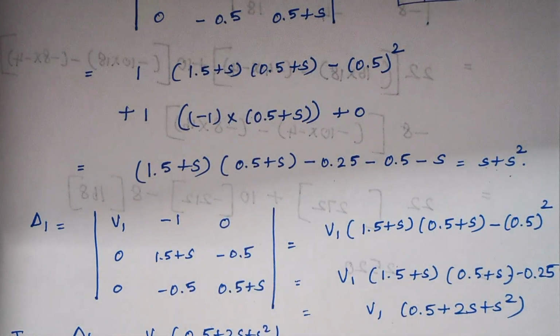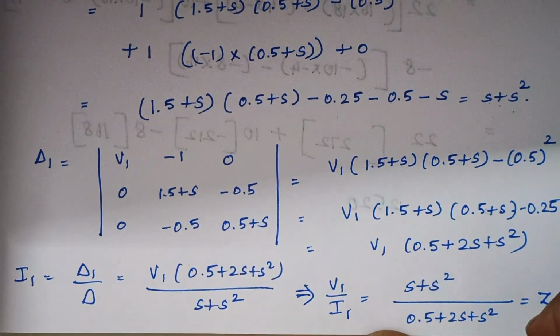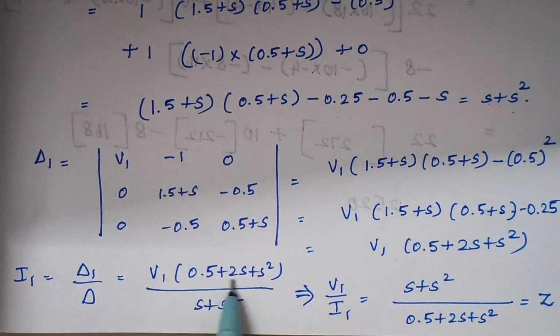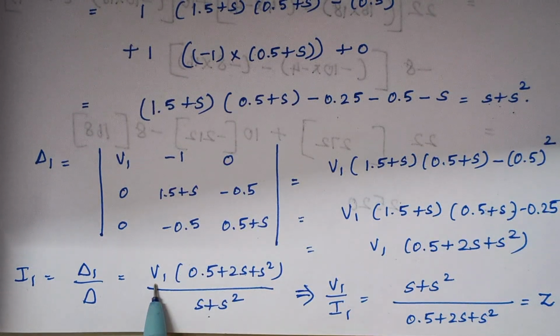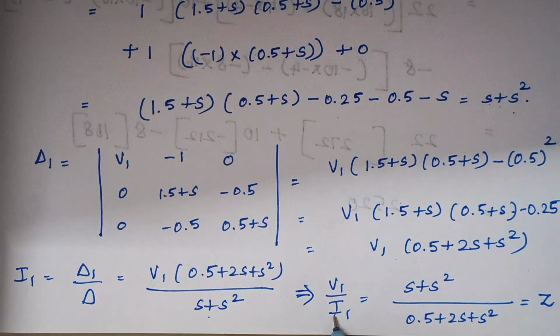Now I am going to calculate the value of I1. I1 is nothing but del 1 by del. You see, here I have I1 and here I have V1. Now I am going to reframe this expression in the form of V1 by I1.